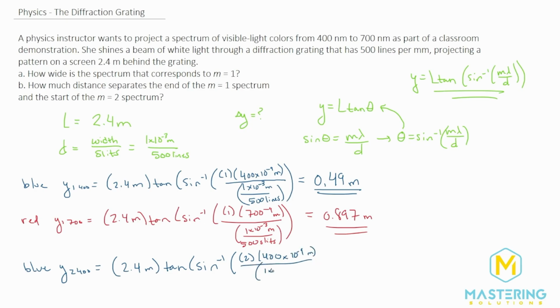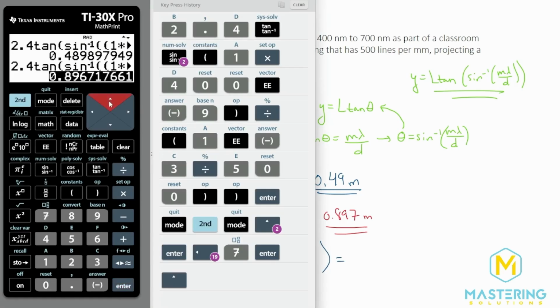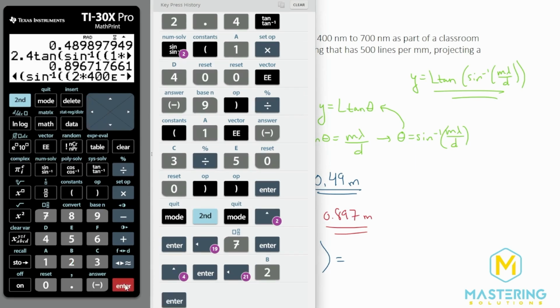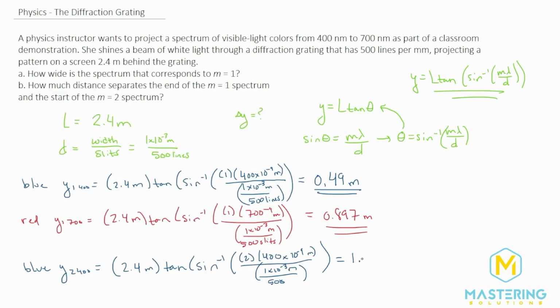And then 1 times 10 to the negative 3 meters divided by 500. So let's steal this one. And now we want m of 2 instead of m of 1. There we go. Okay, so that gives us 1.048 meters. All right, so now we can answer the questions up here.